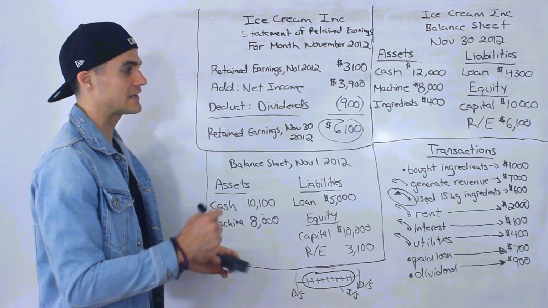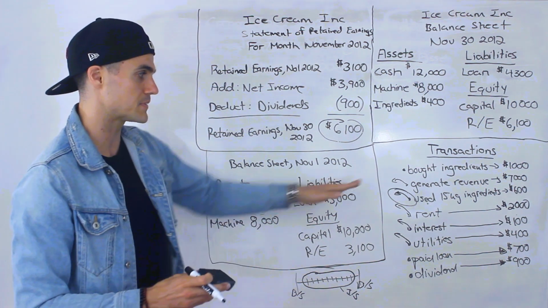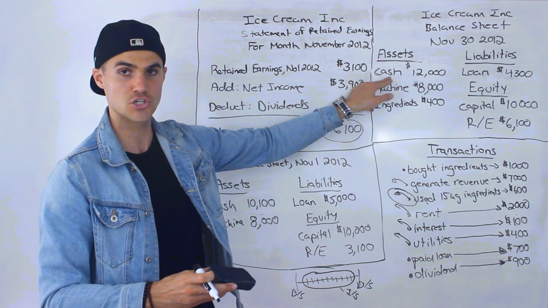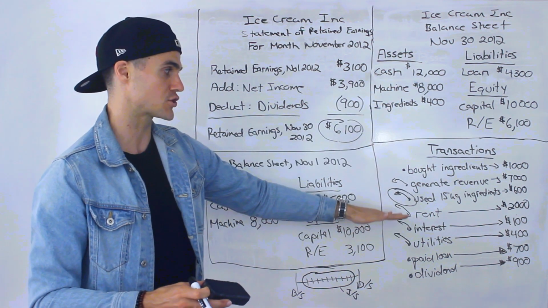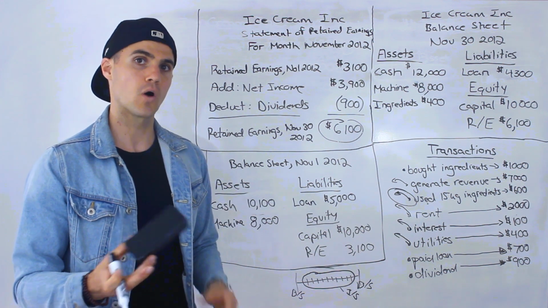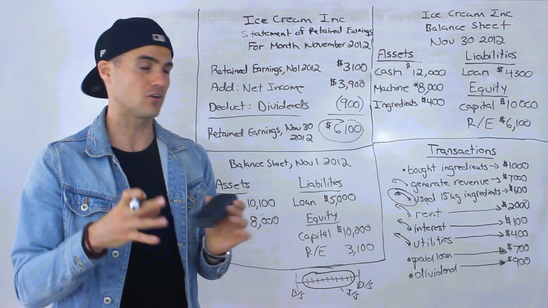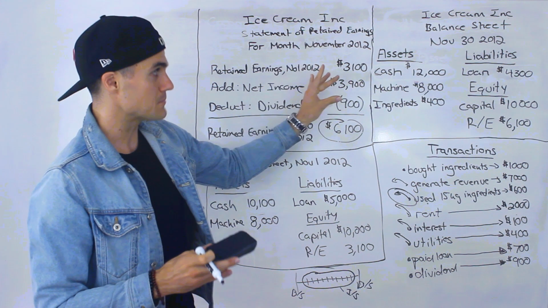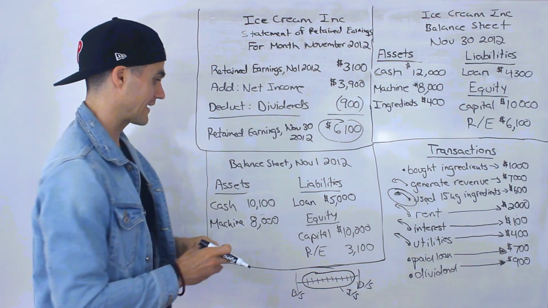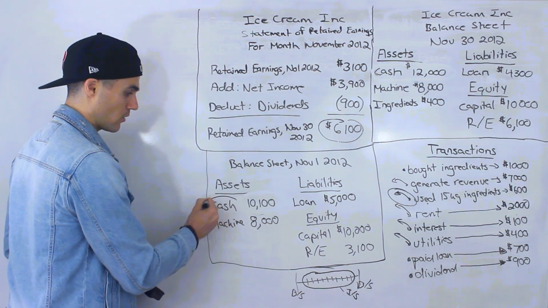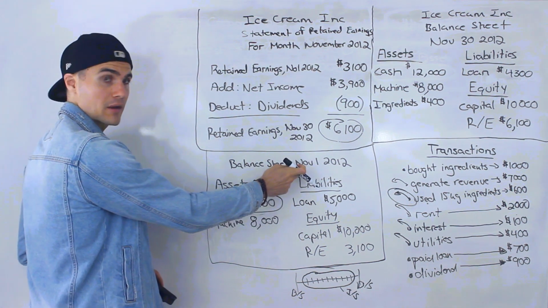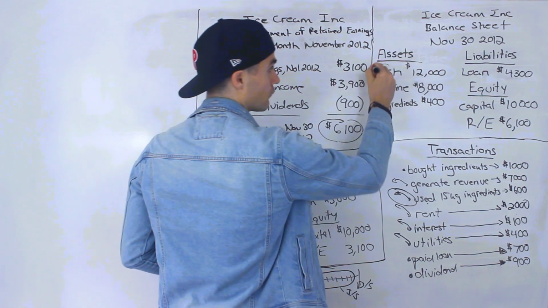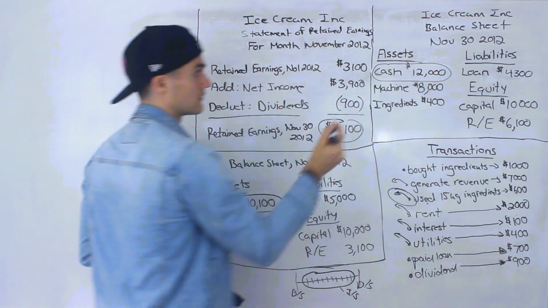And so because of all of these potential cash adjustments that we're making with these transactions, what external users want is actually a more detailed statement showing how that cash account changes. So how the cash goes from 10,100 at the beginning of the period to 12,000 at the end of the period.